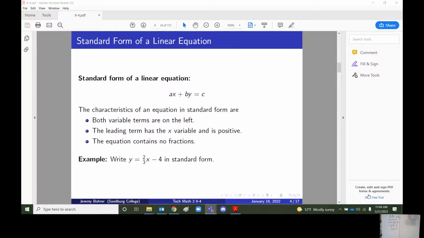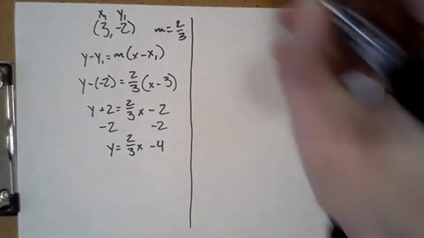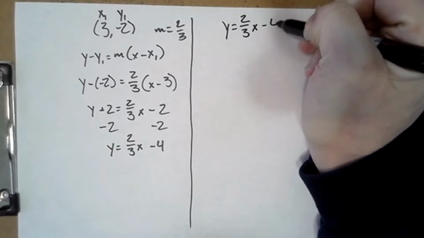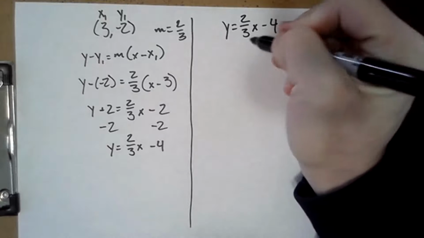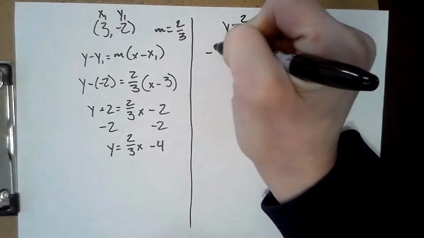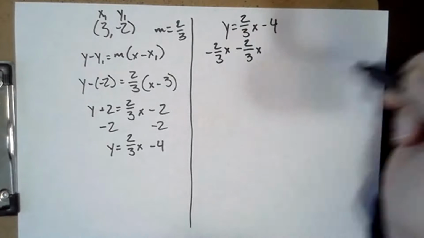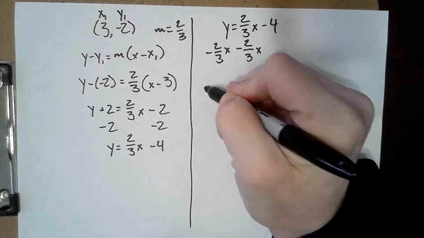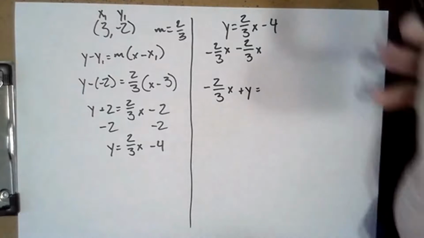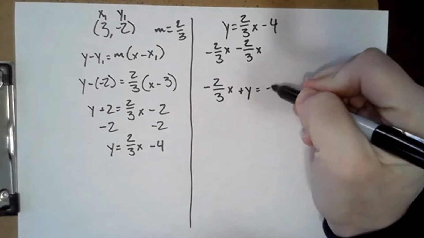So, to do this, we will start with y equals 2/3 x minus 4, and we will subtract our 2/3 x from both sides of the equation. So that gives us -2/3 x plus y equals -4.